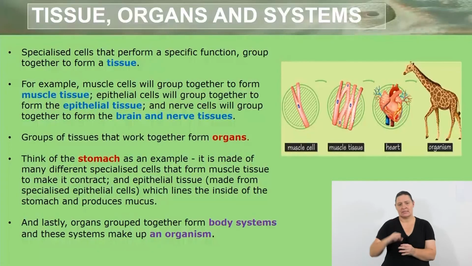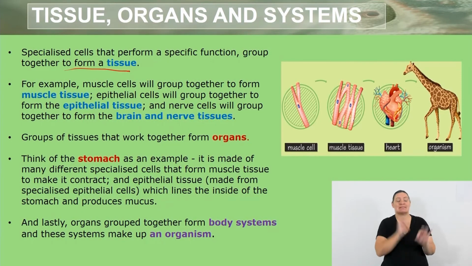So here we are going to speak about how cells give rise to tissues, organs, and systems. So specialized cells that perform a specific function group together to form tissues. So tissues come from cells that have been grouped together.